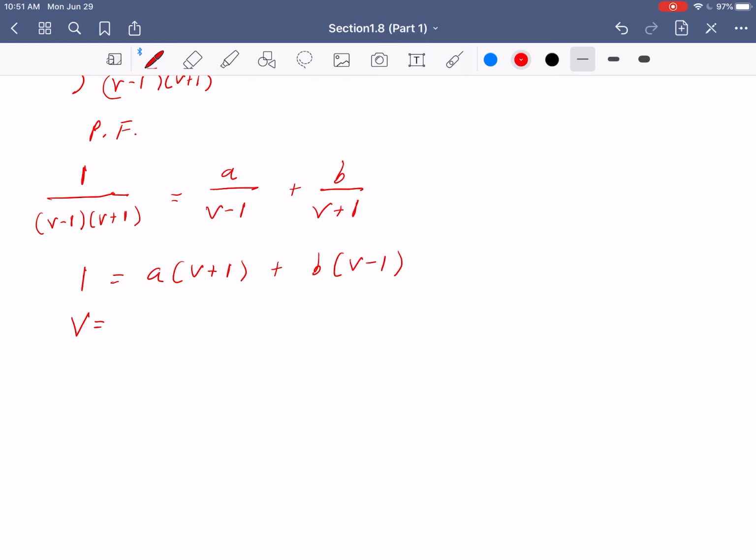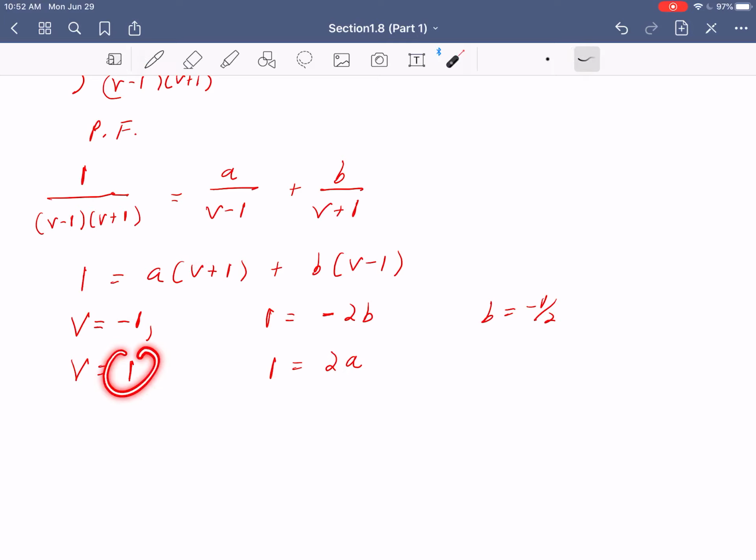So if we do v equals minus 1, then this term is going to cancel out. We're going to get 1 equals negative 2b, which means that b is negative 1/2. And then at v equals, say, 1, then this term is going to drop out, and we're going to get 1 equals 2a, if we plug in 1 into here, and then a is 1/2 there.